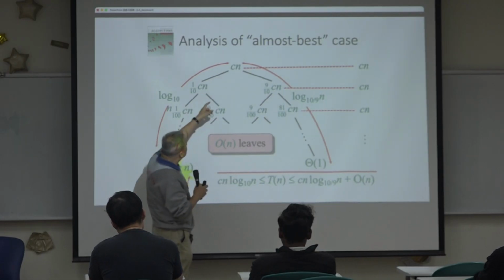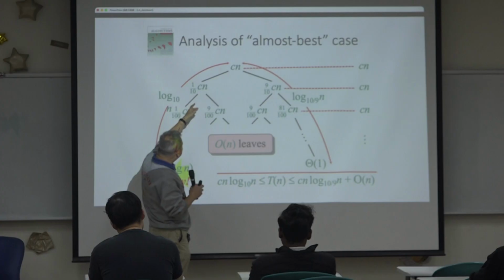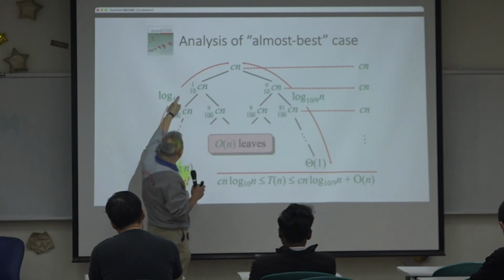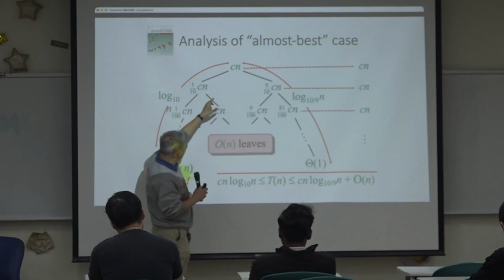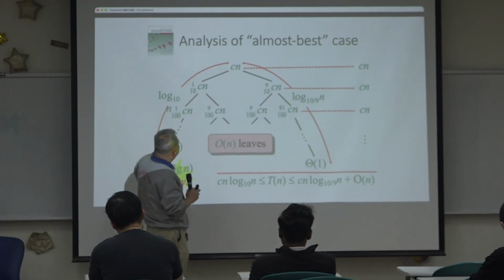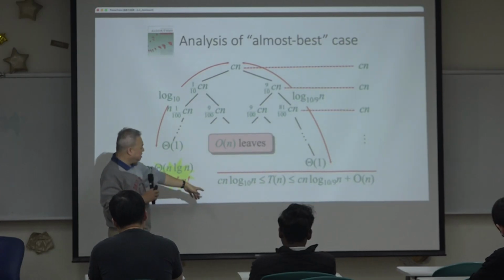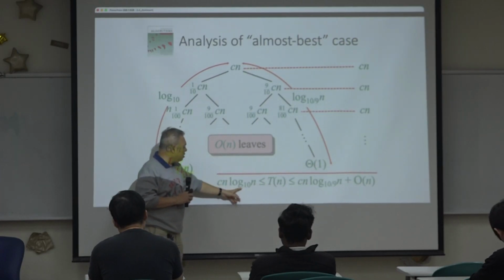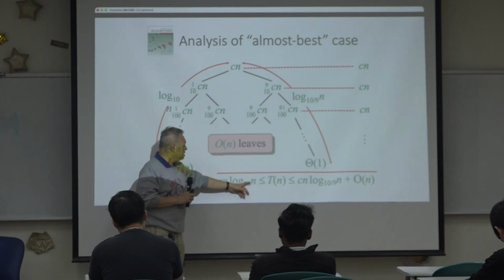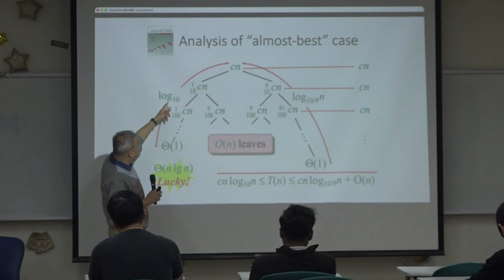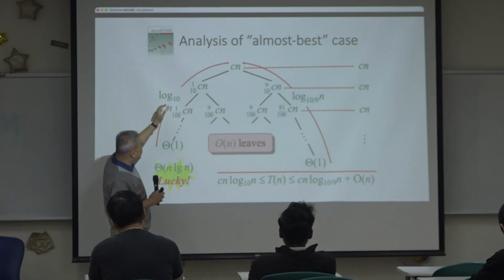Why? Because this one means the leftmost branch dies first, and this height is log base 10, since each time you go down one level, n gets divided by 10.